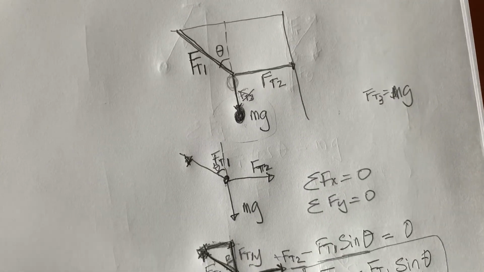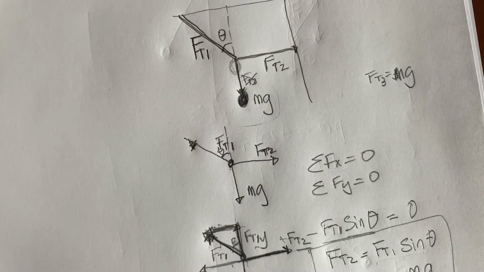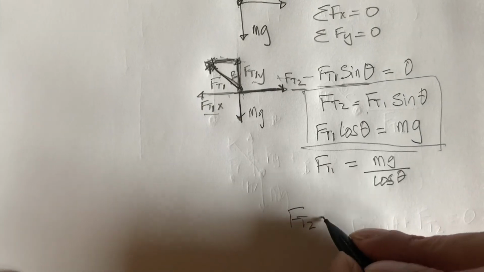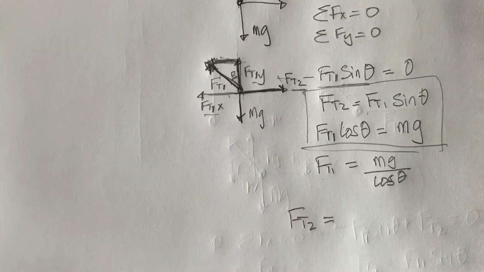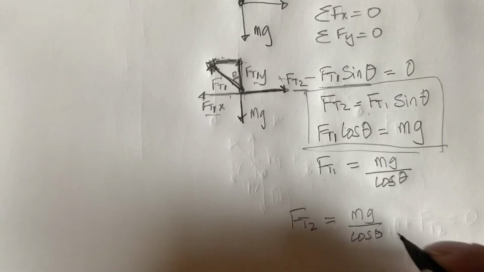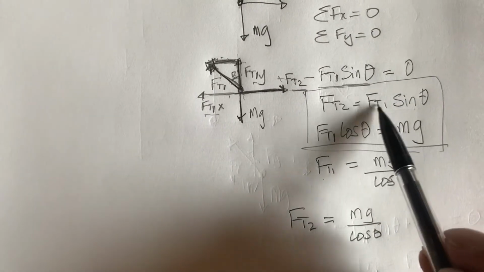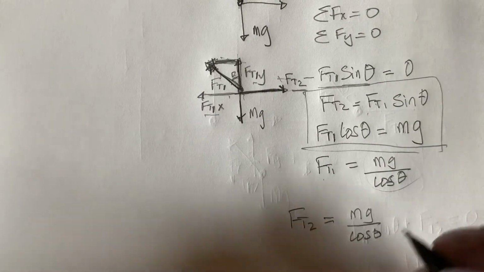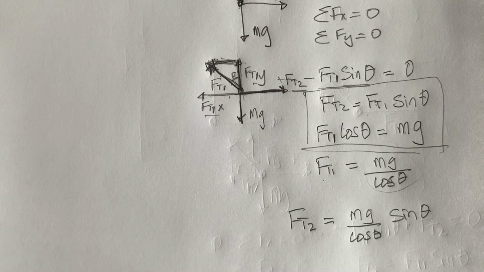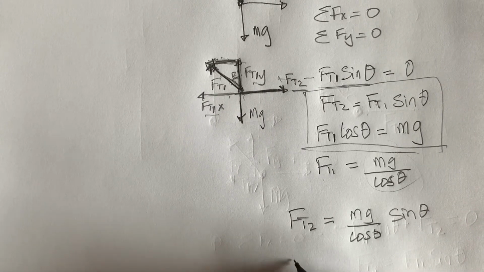I could plug that in here, and then I would say FT2 is equal to FT1, which is mg over cosine theta, so I replace the FT1 with this thing here, times sine of theta. So then I can calculate my FT2, which would just be mg times tangent of theta.